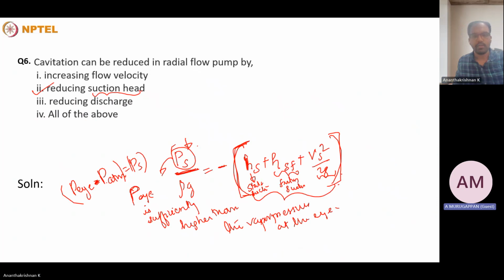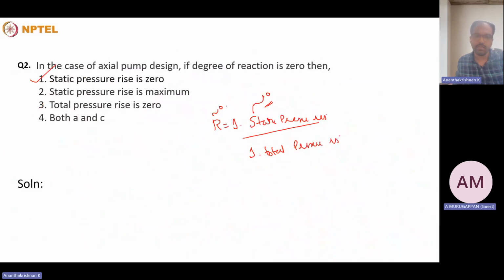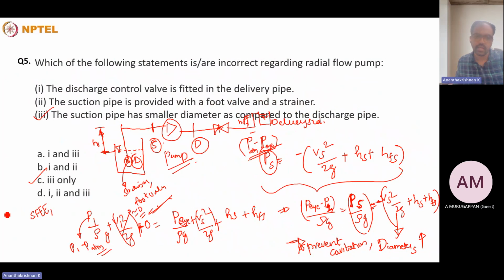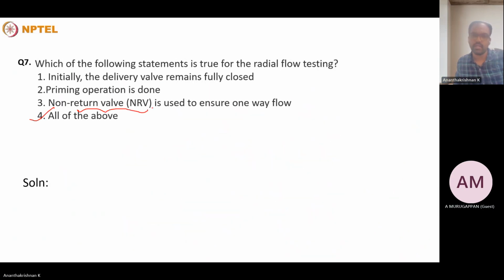You are asking about this problem, right? This is a gauge pressure term. We are taking the impeller eye pressure minus the atmospheric pressure, which will be the suction gauge pressure. Okay. Here it is absolute pressure in the last problem. Okay.